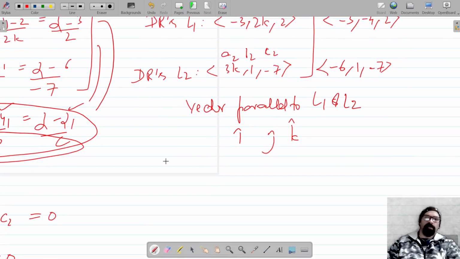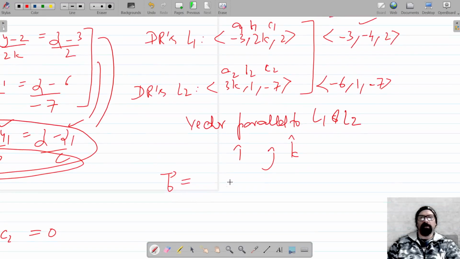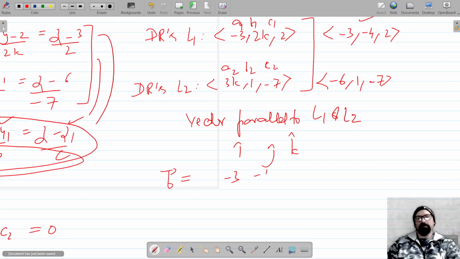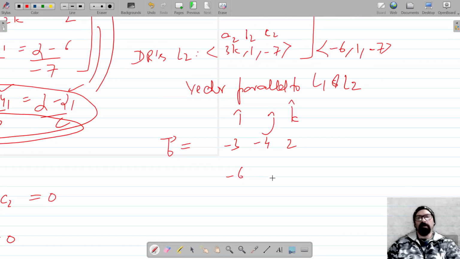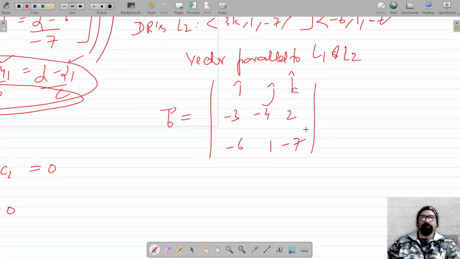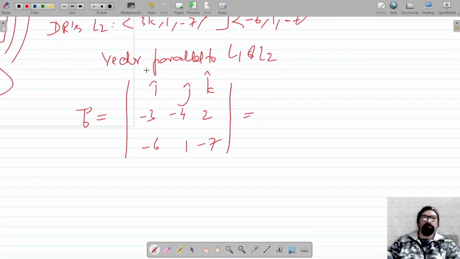Now the vector perpendicular to L1 and L2, let's say this is the b vector, is given by the determinant of these rows. This is positive, negative, and positive.